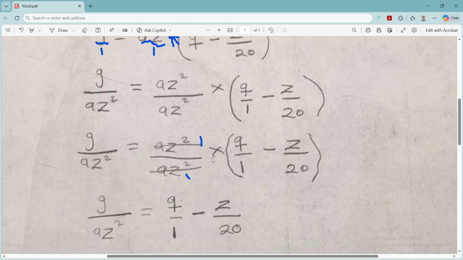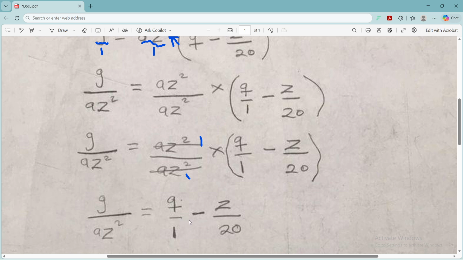We were tasked to make q the subject of the relation. So in grouping like terms, we have to move the fraction negative z over 20 to the left hand side of the equation, in order to group the like terms, because q is dividing 1 and any number divisible by 1 is that same number.